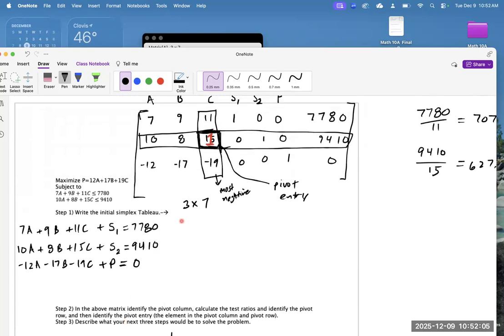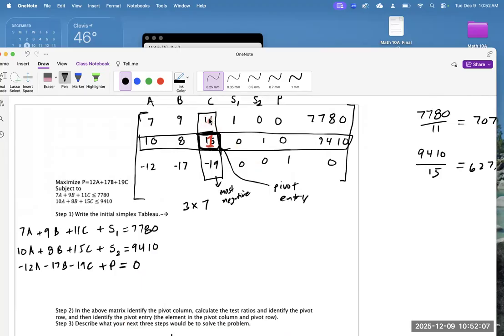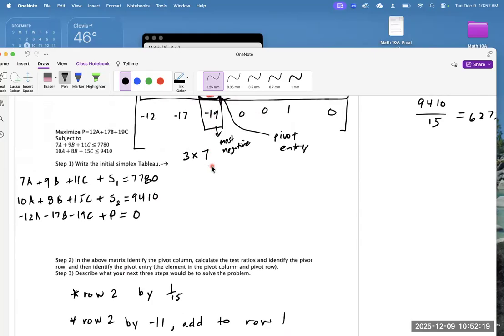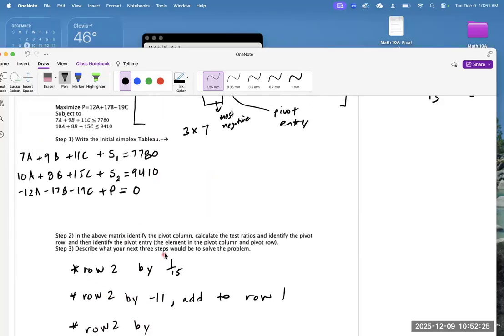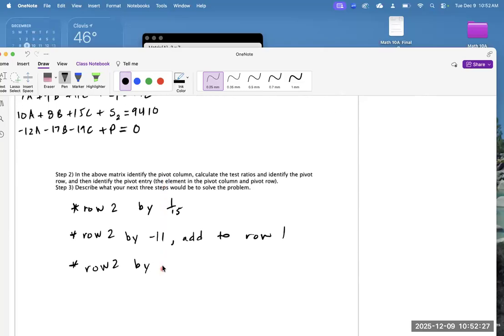Then after we're done with that, we would get a 0 here for that column. Then we would take our 1 again from row 2, and multiply it by positive 19 and add it to row 3. So times row 2 by positive 19 and then add to row 3.